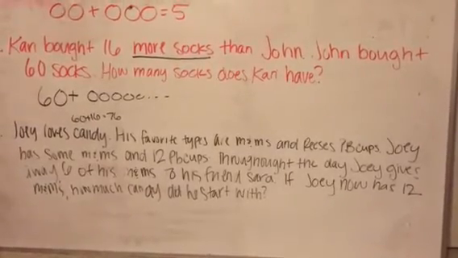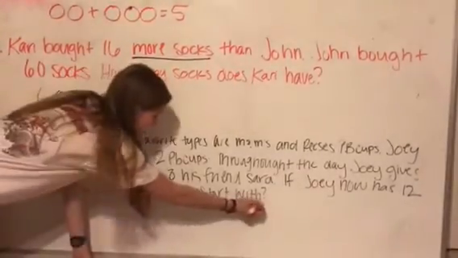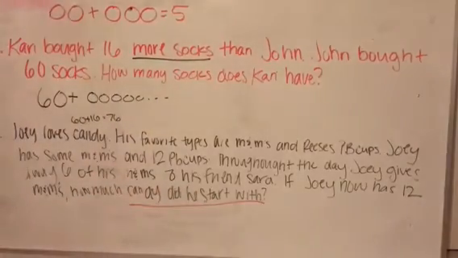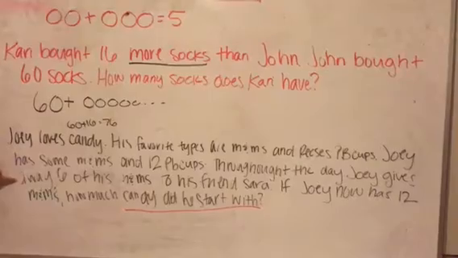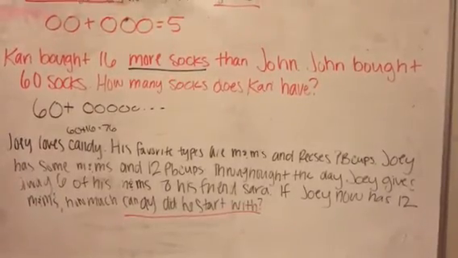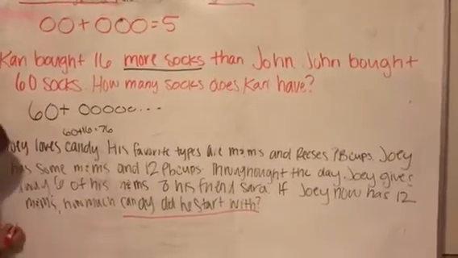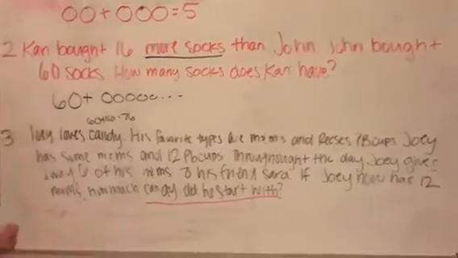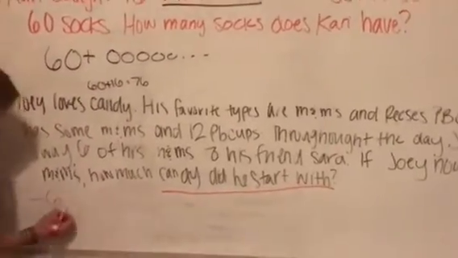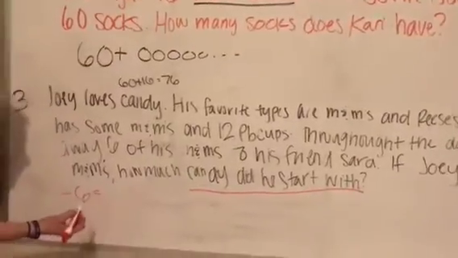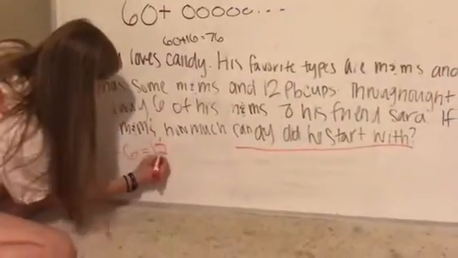So what we're trying to figure out is how much candy he started with. So first we have to figure out that Joey gave away 6. And now he has 12 M&Ms.